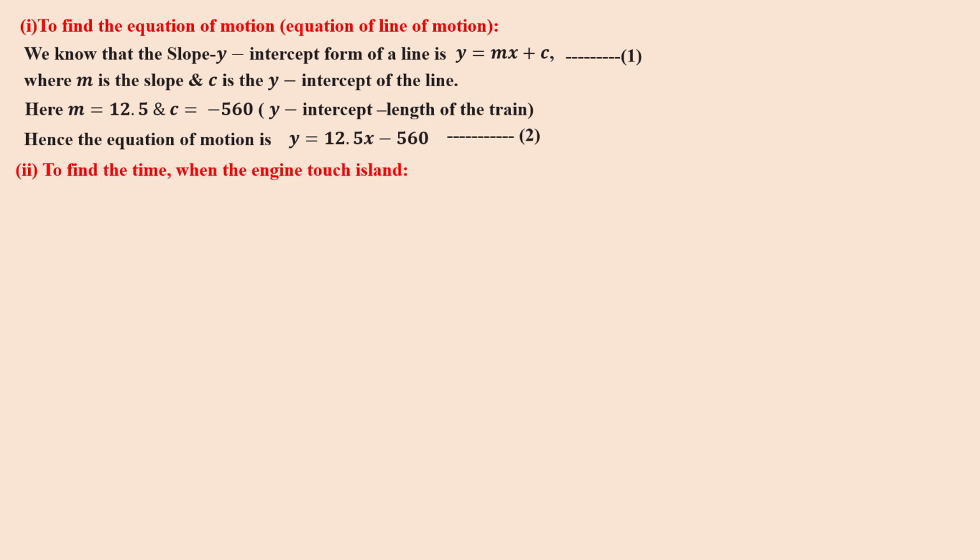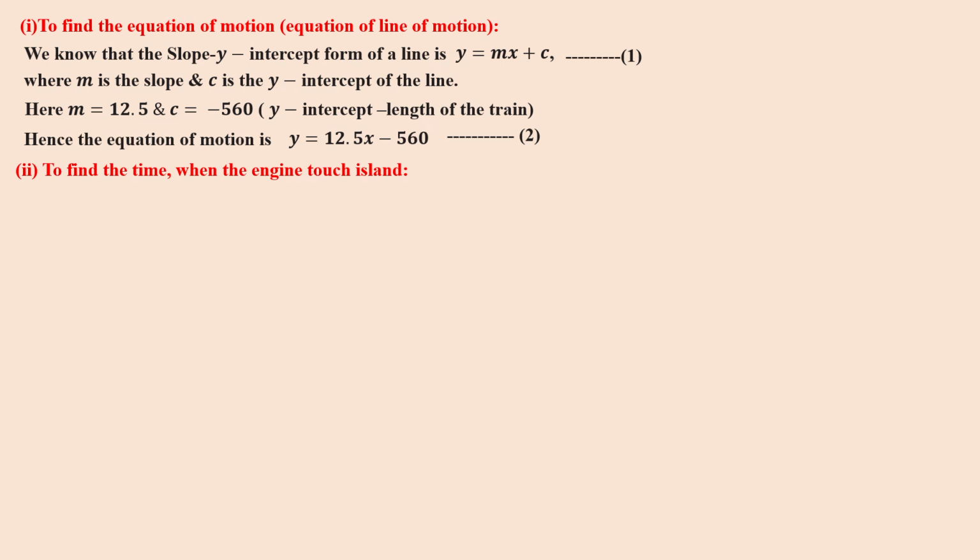To find the time when the engine touches the island: the engine is now at the starting point of the bridge, origin O. To touch the island, the engine has to cross the whole length of the bridge. Only the engine, I am talking about the starting point.